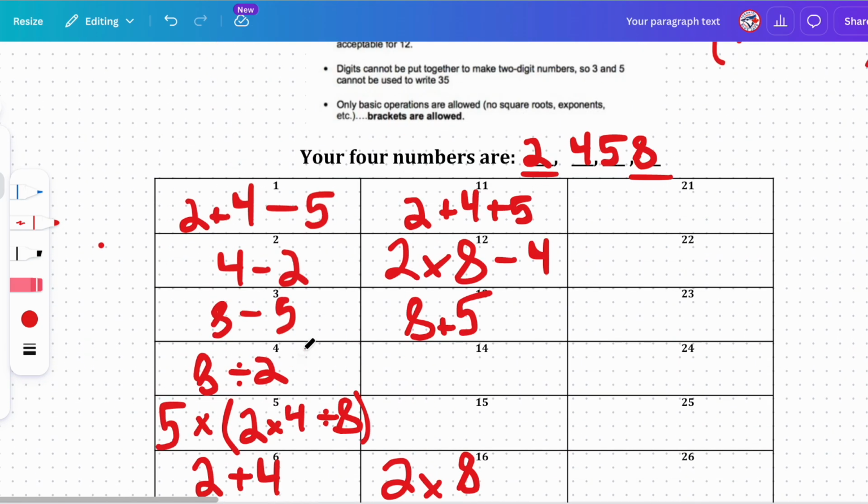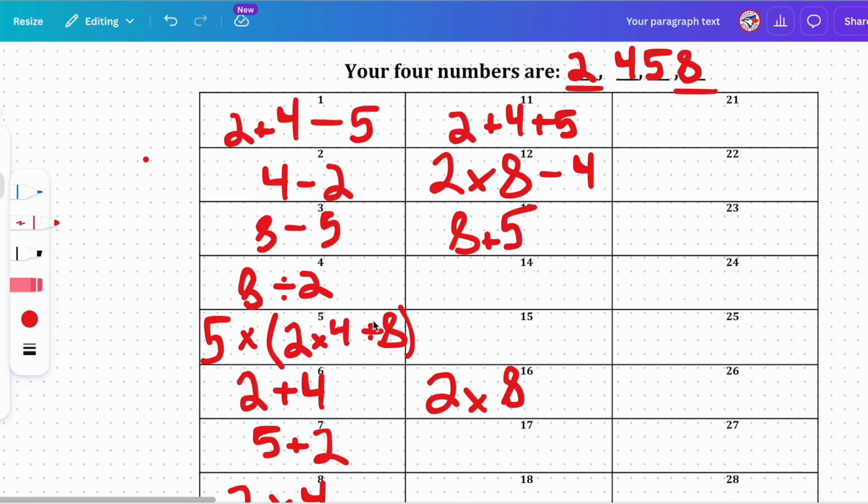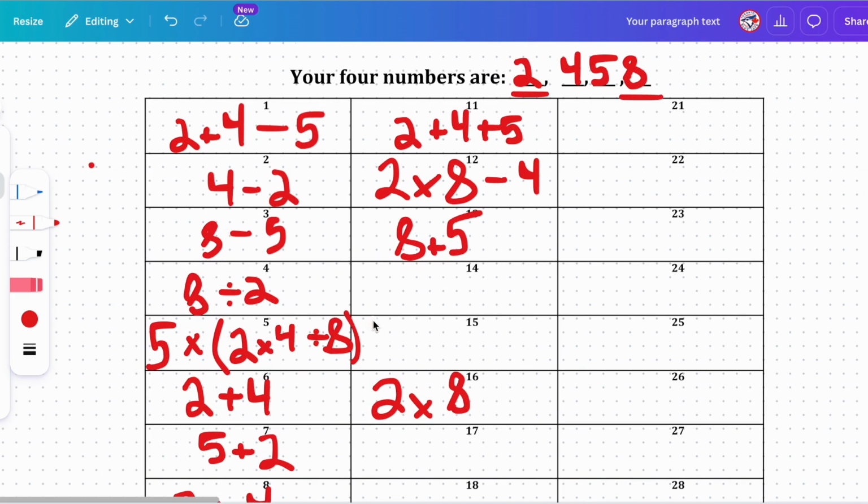We've got to make the number 9. The number 9 is just 4 add 5. The number 14: 14 is 7 times 2. So if I went 2 multiplied by, well, I can go 8 subtract 5 is 3, plus 4 is 7.